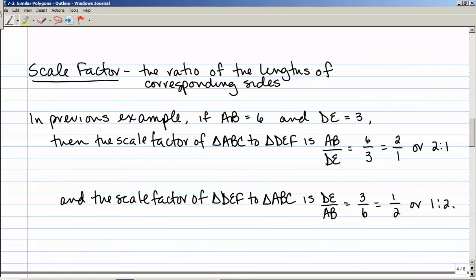Scale factor is the ratio of the lengths of corresponding sides.